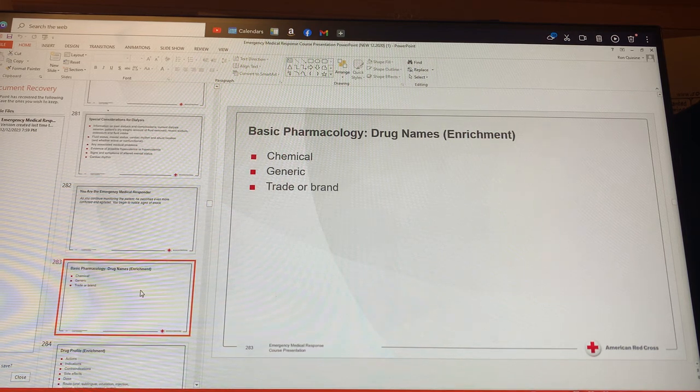Basic pharmacology. Drug names: chemical, generic, trade or brand.